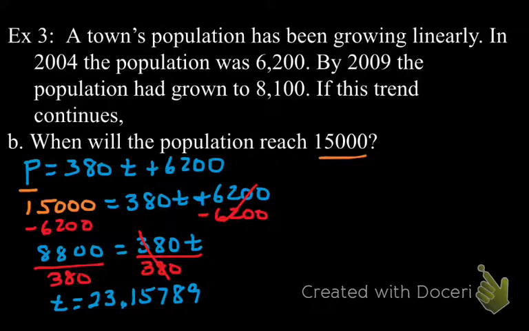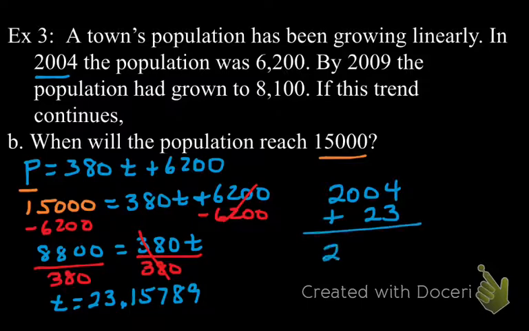Now remember that t is the number of years since the year 2004. So we can say sometime during that 23rd year, before you hit the 24th year, the population should reach 15,000 if this model holds. So 2004 plus 23 more years tells us that it should be in the year 2027.